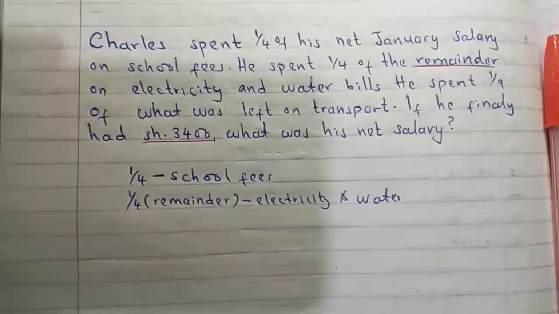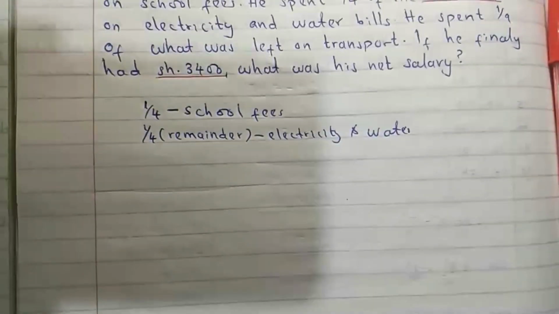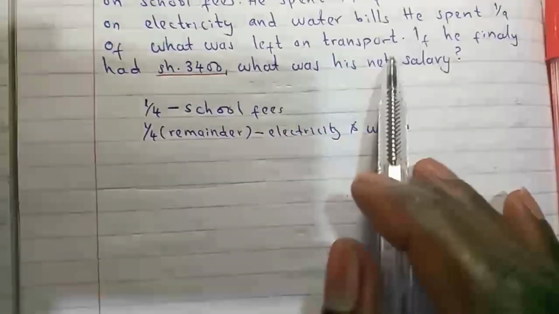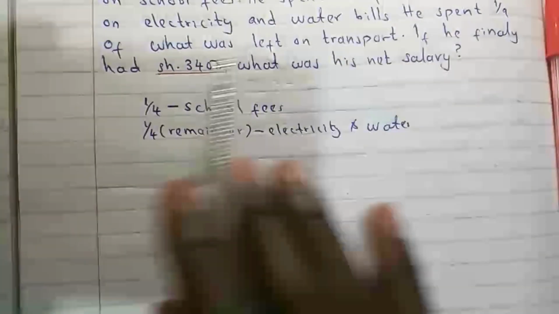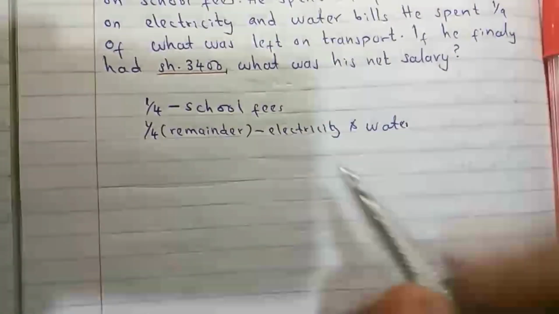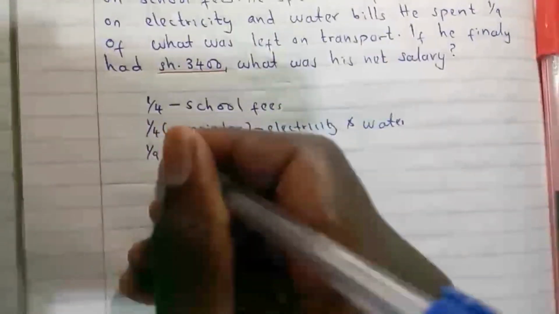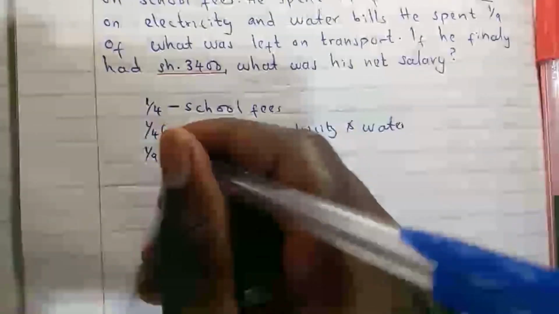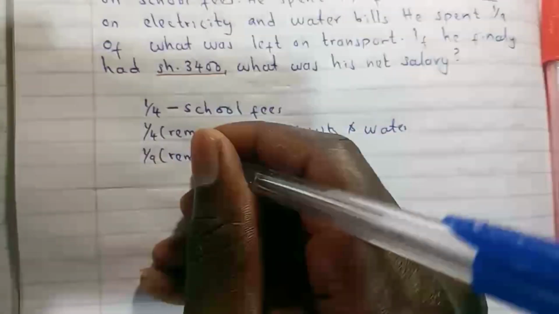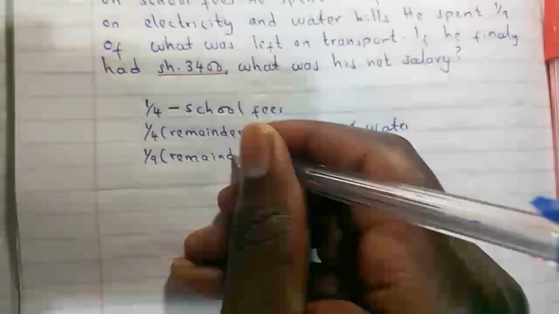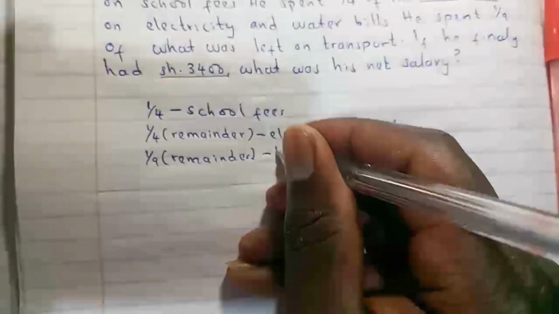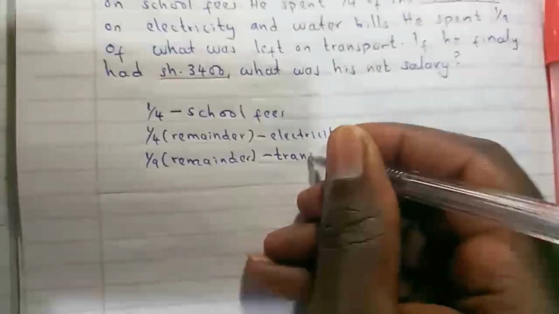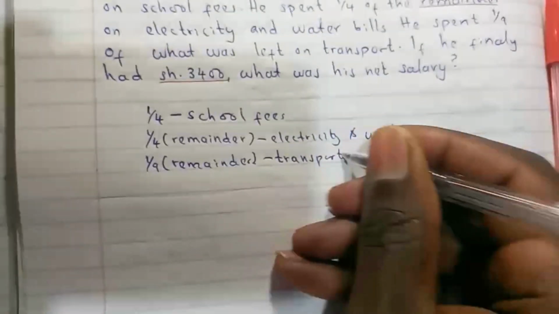That was what was spent on electricity and water bills. And then again, he spent 1/9 of what was left on transport. 1/9 of what was left simply means 1/9 of another remainder. That is what was spent on transport.